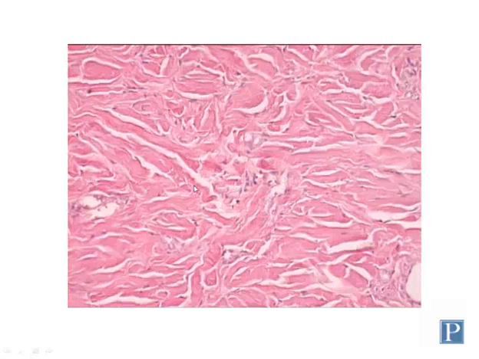So this is one of the places you can find dense irregular connective tissue, and the irregular arrangement of collagen fibers in multiple directions gives this type of tissue a lot of structural strength and lets it resist tension that's exerted in multiple directions.